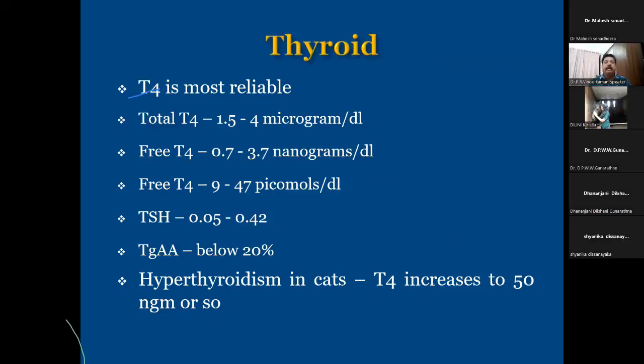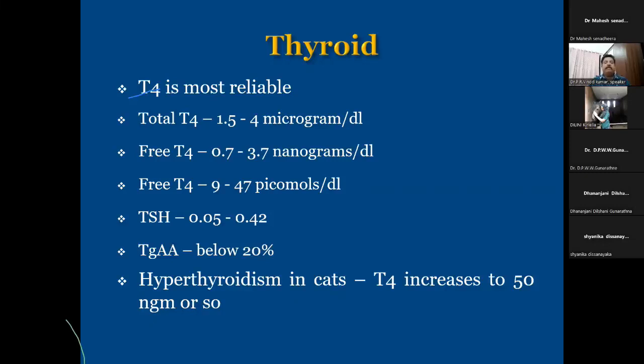Then ultimately thyroid. These are not enzymes, but T4 is the most reliable one, and T4 is expressed as total T4 and free T4. The normal level of total T4 is 1.5 to 4 micrograms per deciliter, and free T4 is expressed in nanograms as well as picomoles per deciliter.